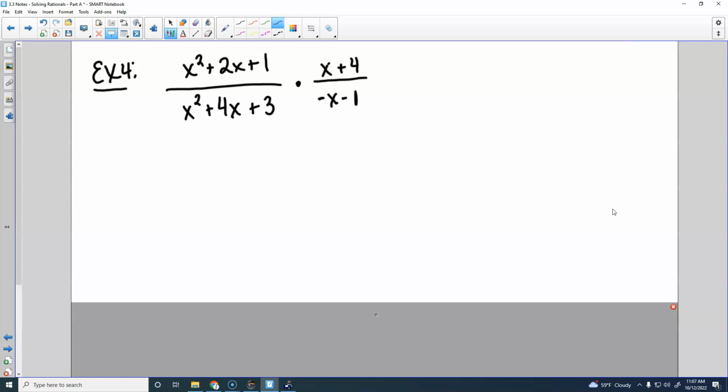All right, so we got x squared plus 2x plus 1 over x squared plus 4x plus 3 times x plus 4 over negative x minus 1.